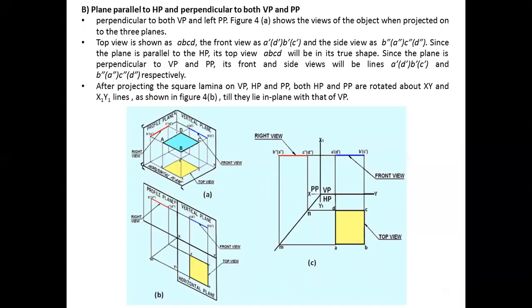Now another thing. Now we have a plane parallel to HP and perpendicular to the other two planes. So where will we be able to see the true shape?